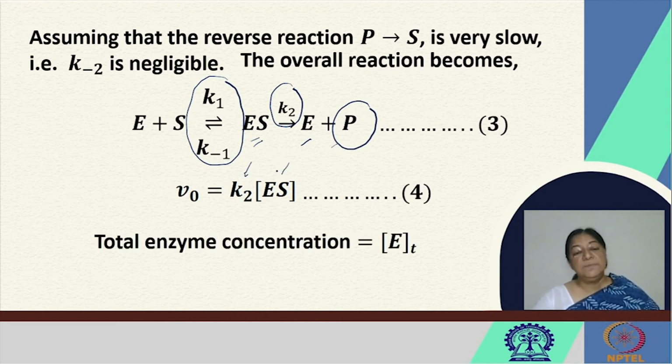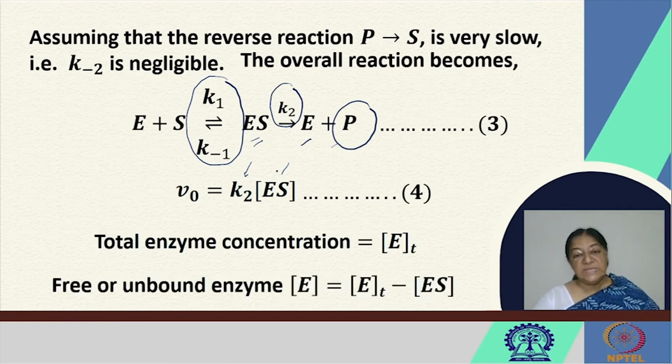The total enzyme concentration, as we know, is ET. So, like our ligand concentration, we would know the amount of the free enzyme in solution, similarly to our protein ligand binding kinetics. Here, the enzyme is either in the free form or in the bound form.